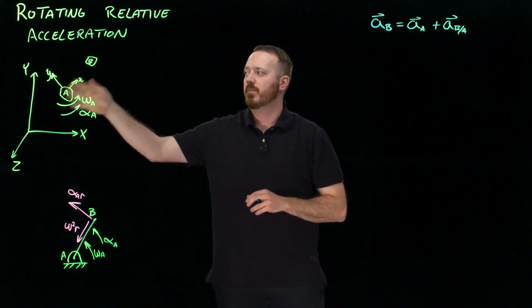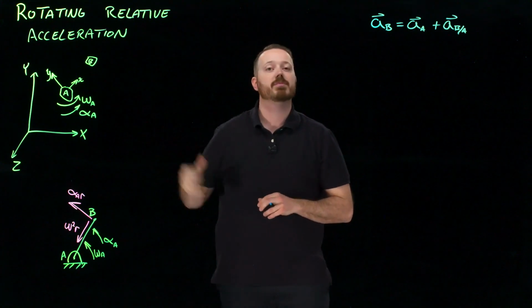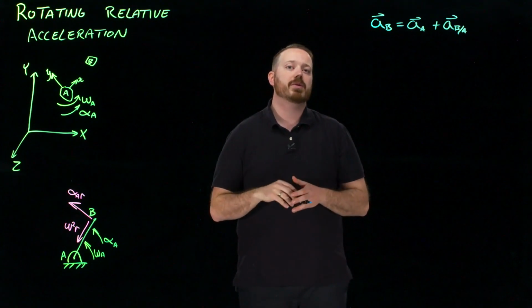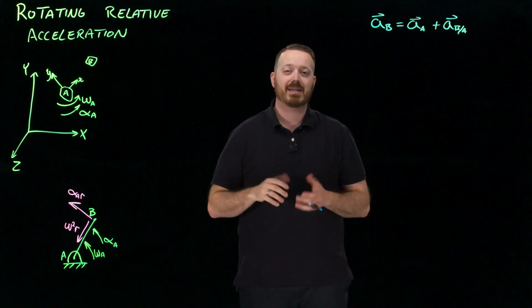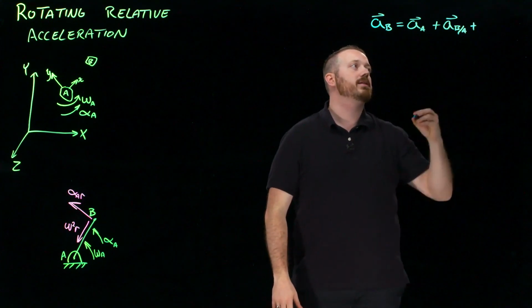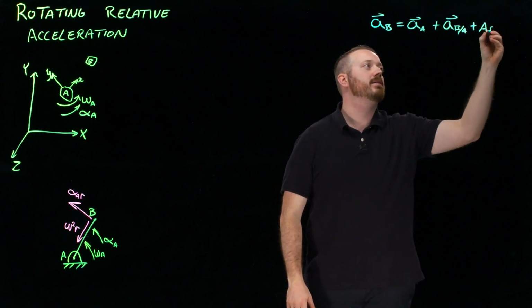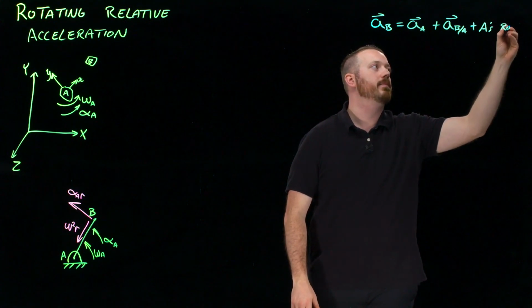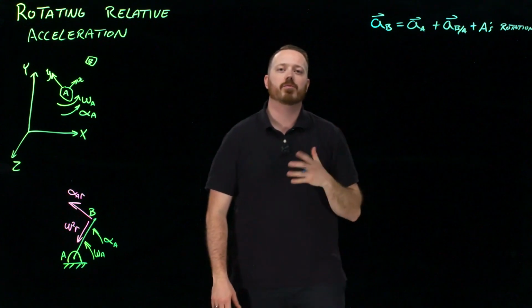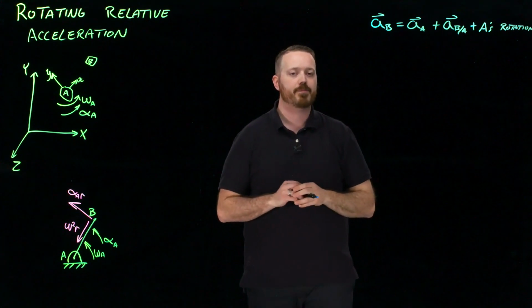Now all we need to do is add the rotational impact from A's perspective, so the impact of the rotating frame at A.